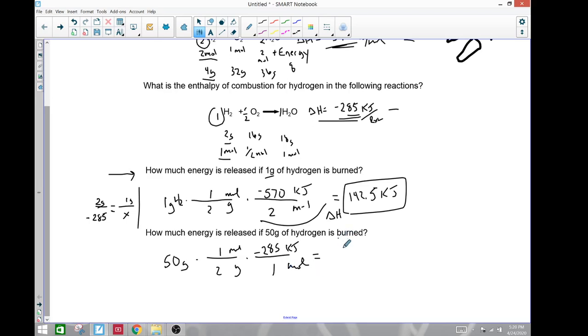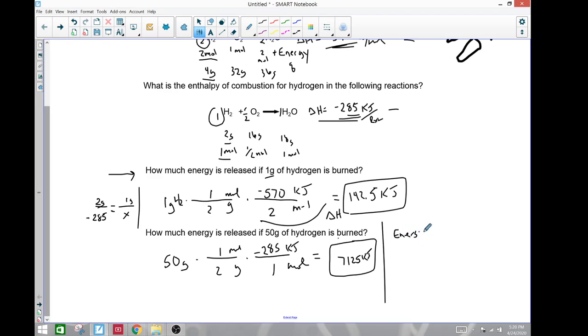Now you can go ahead and solve this out. Let's run that math quickly so you get an answer in case you're trying it. 50 divided by 2 times 285 is 7,125. So 7,125 kilojoules of energy.